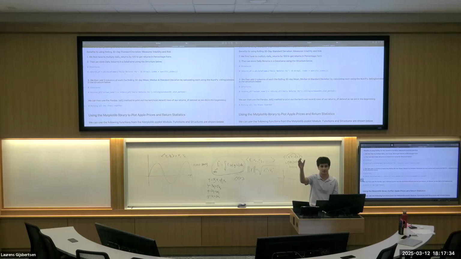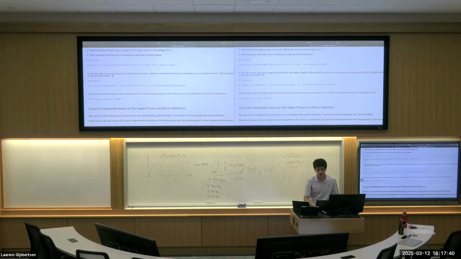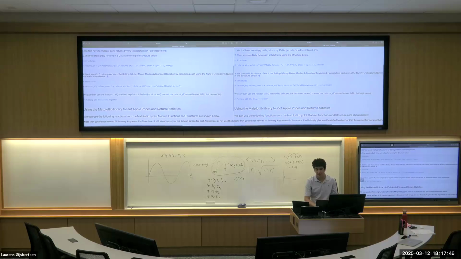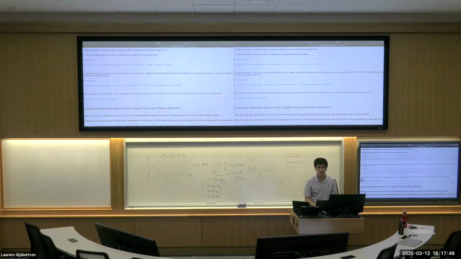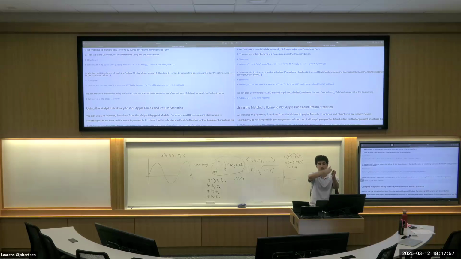We have our NumPy array in percentage form, and then we need to put it back into a data frame, right? And so we add 2 columns: our rolling 30-day mean and our rolling 30-day standard deviation, calculating each using NumPy functions. Basically, a rolling 30-day mean and rolling 30-day standard deviation is the mean and standard deviation over a 30-day window.